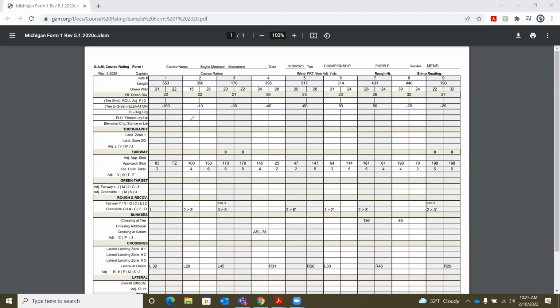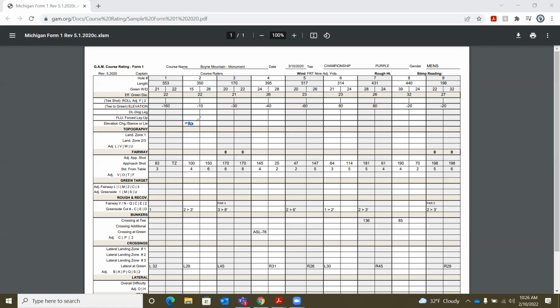Let's assume for our purposes that tee to green is -10. So we're going to assume that -10 is all in the approach shot. So on our Form 1, in this elevation change / stance and lie spot, we're going to write -10.